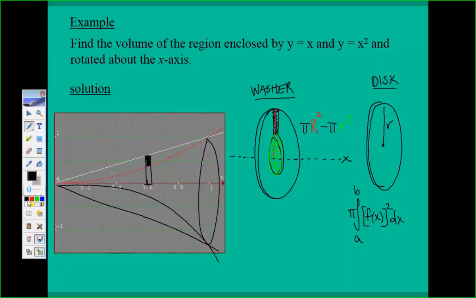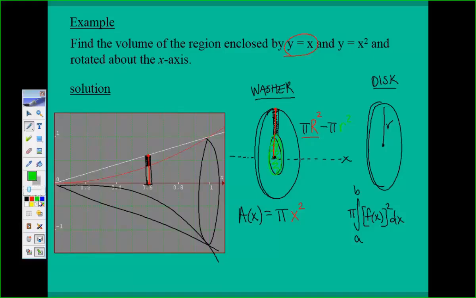Now, looking at what the area of our cross section would look like, we'd have pi. Now, going from here all the way up here, let's go back to our diagram. That's going from here all the way up to here. So that would be found by taking the top function, and the top function would be our y equals x. So we would have x squared, pi r squared, but we're replacing big R with x.